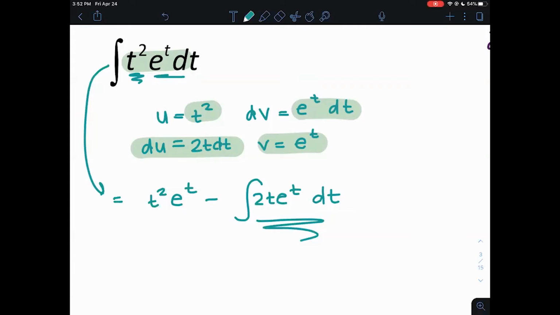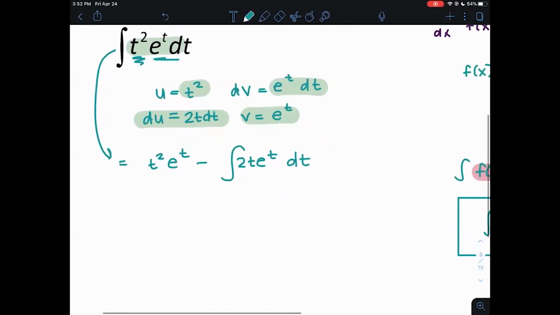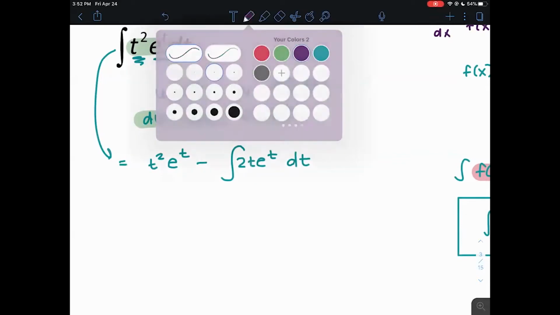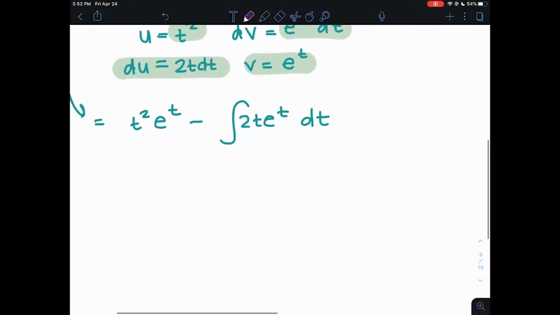So now in this case, I chose this problem because we get to do it again. In this case, we're not ready to actually integrate this. This is another integration by parts. So in this second integration by parts, I need another u and dv, and then du and v.